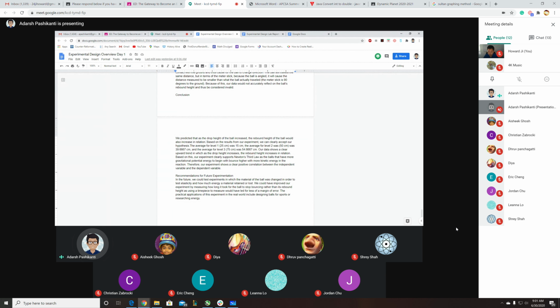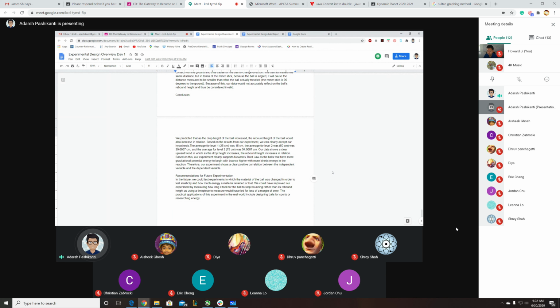So you basically want to come up with a different experiment that you can also test. And then the next thing you want to do is explain a better way to collect your data, almost how to improve your experiment so it would be more accurate. So in this case, instead of catching it at the top height, we could have used a timepiece and measured how long it took for the ball to stop bouncing.